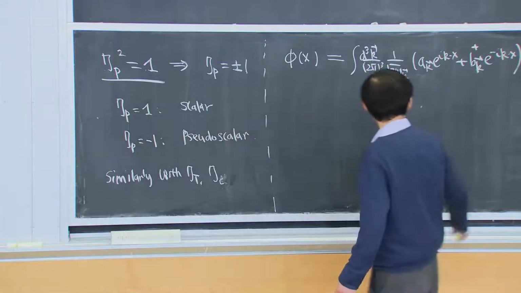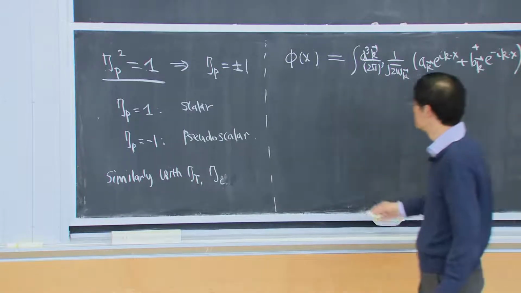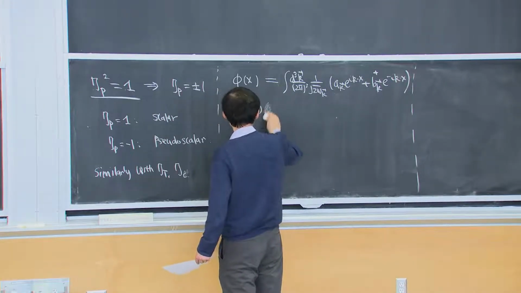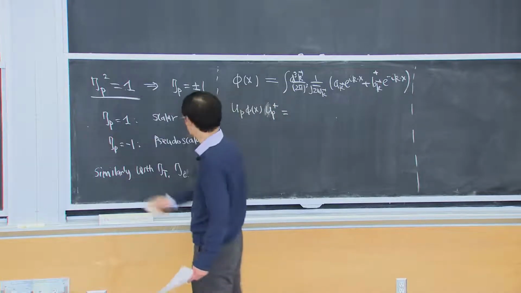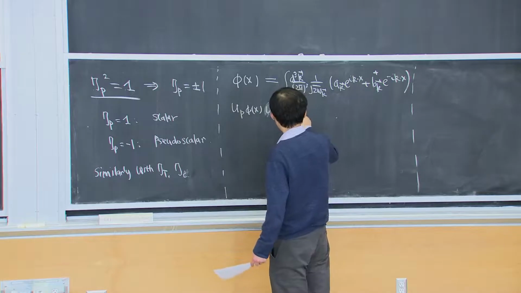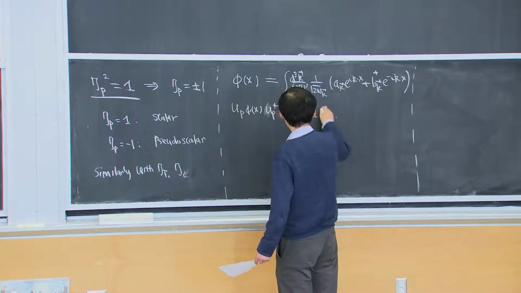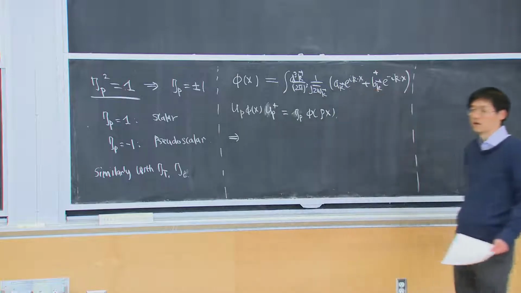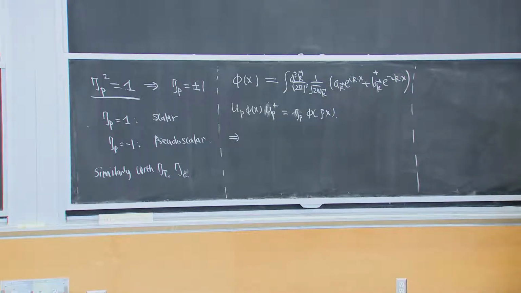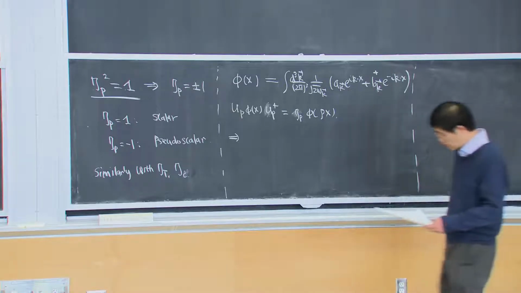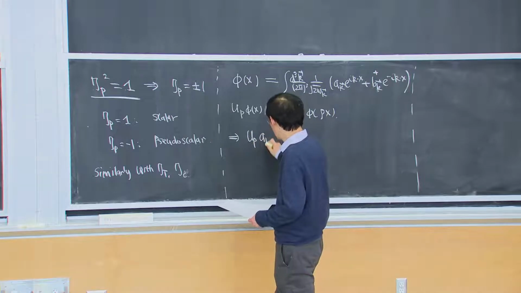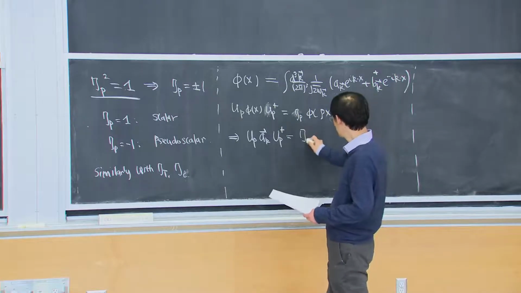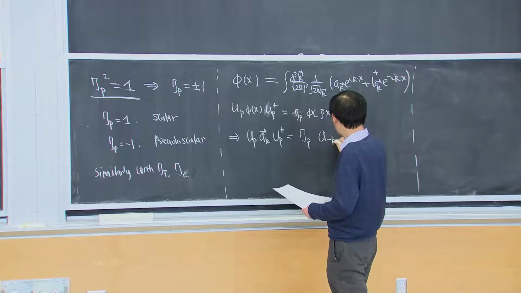So far I have this expansion. By requiring U_P phi(x) U_P dagger to equal plus or minus eta_P phi(Px), we can work out how U_P acts on A and B. You find that the parity acting on A_k, U_P A_k U_P dagger, equals the same eta_P factor times A_{-k}.